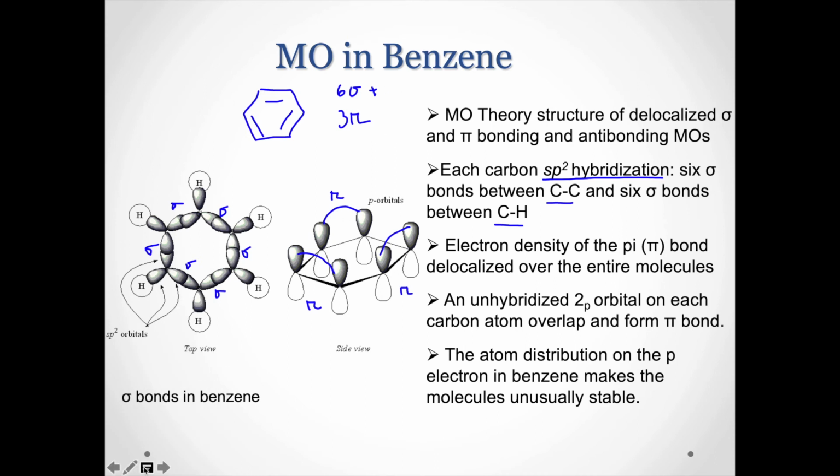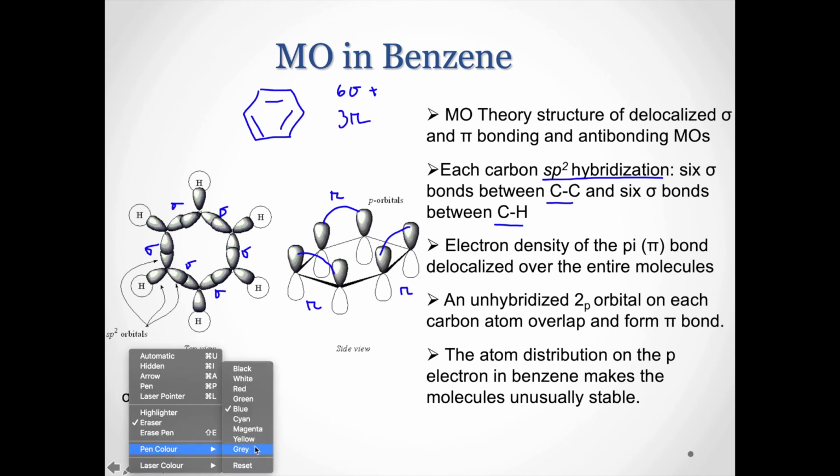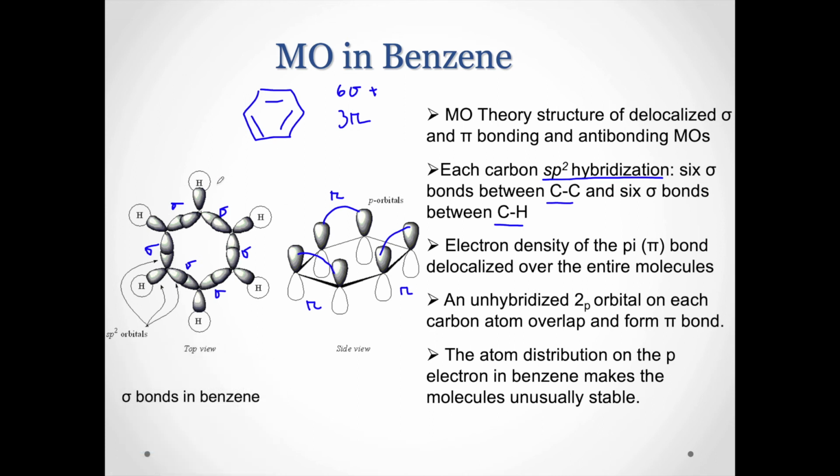Then we draw another one in yellow. This is 1, 2, 3, 4, 5, 6, plus 6 sigma from the carbon and also hydrogen.